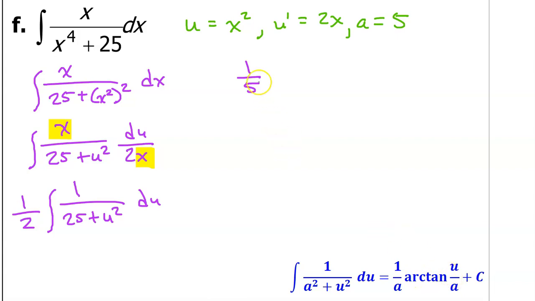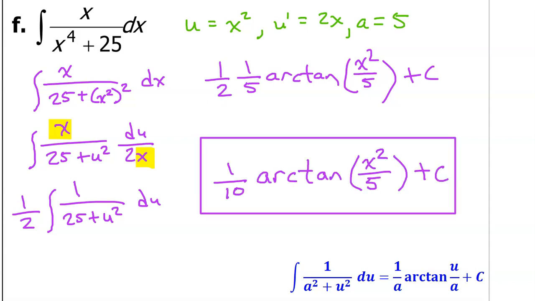And then arctangent u over a. Well, u is x squared, so I will go ahead and put x squared over 5. And then plus c. But let's not forget that we do have this 1/2 sitting out in the very front. So that is still there. So this is the final answer for part F.